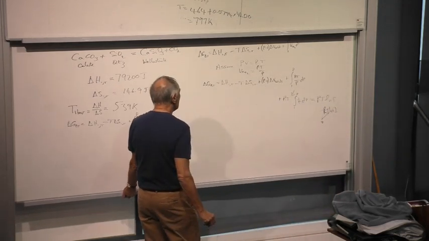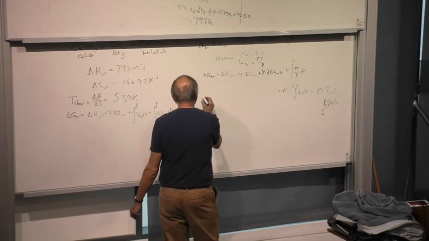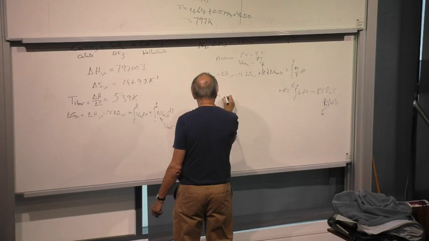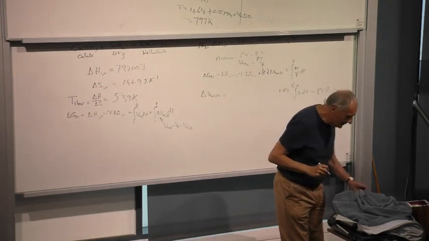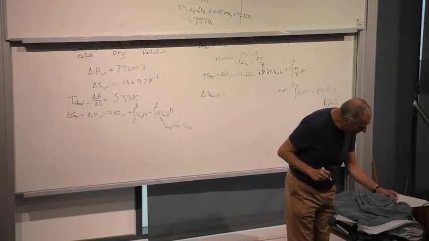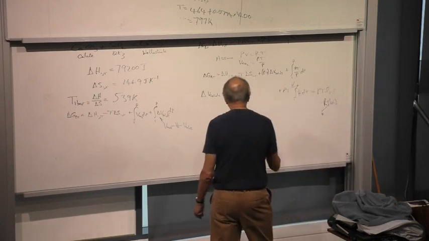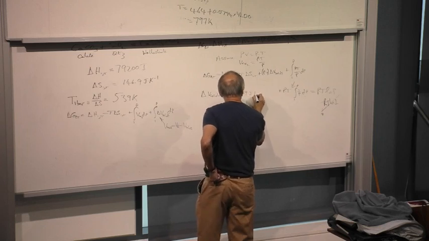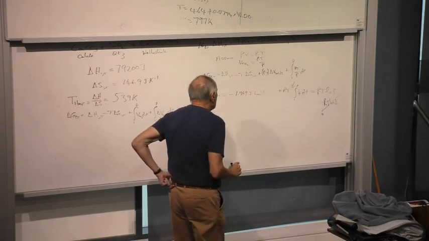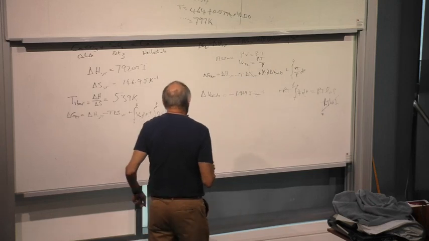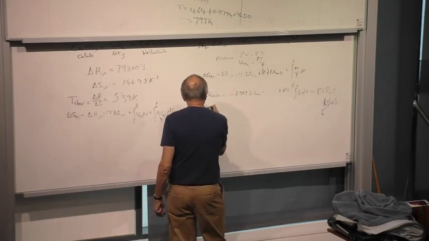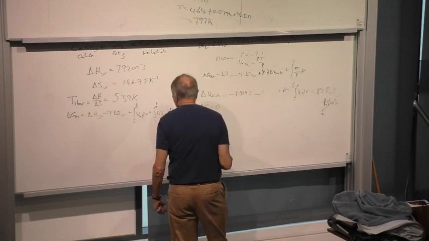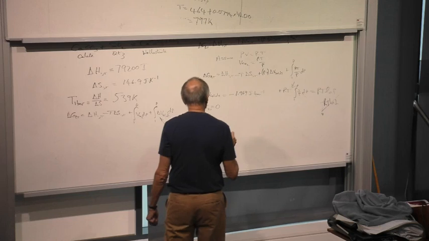So putting some numbers in here, delta V of solids is, I have written down, minus 1.969 joules per bar. So delta G at P and T, and we want to set that to 0 to calculate the equilibrium conditions.